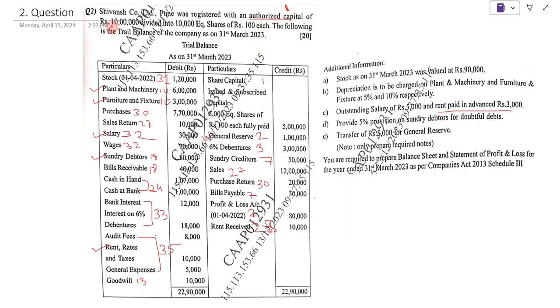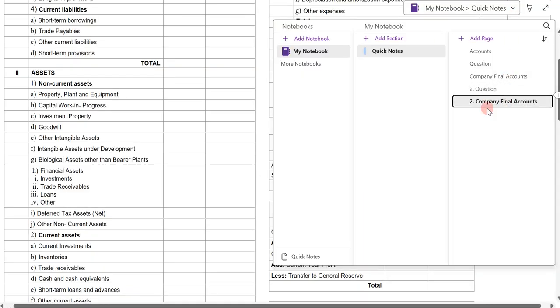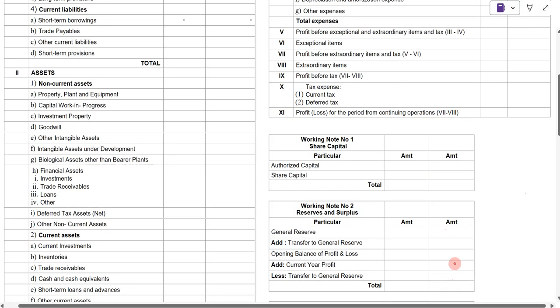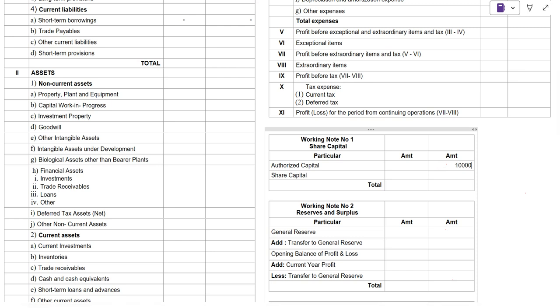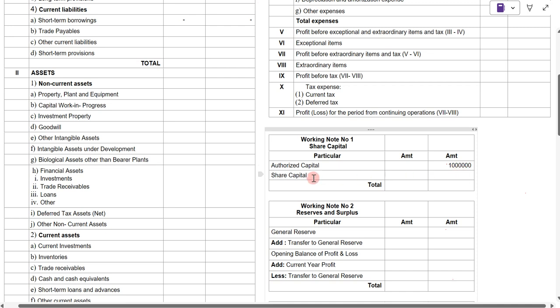How much is the authorized capital? 10 lakh is the authorized capital. This authorized capital we cannot take for the calculation.